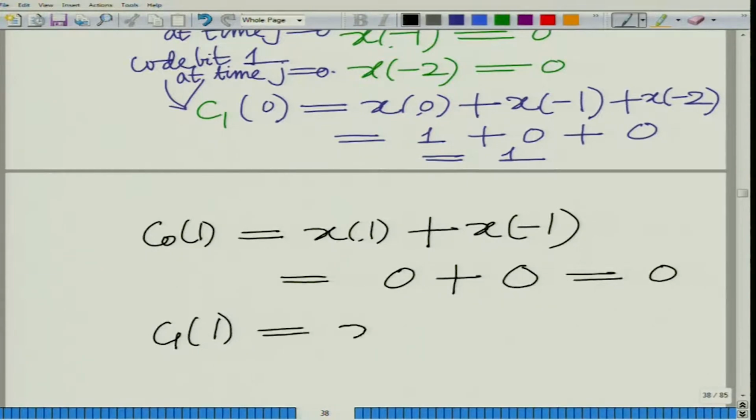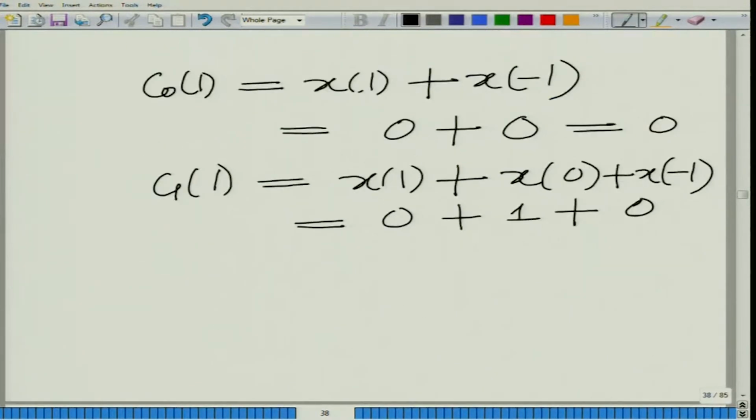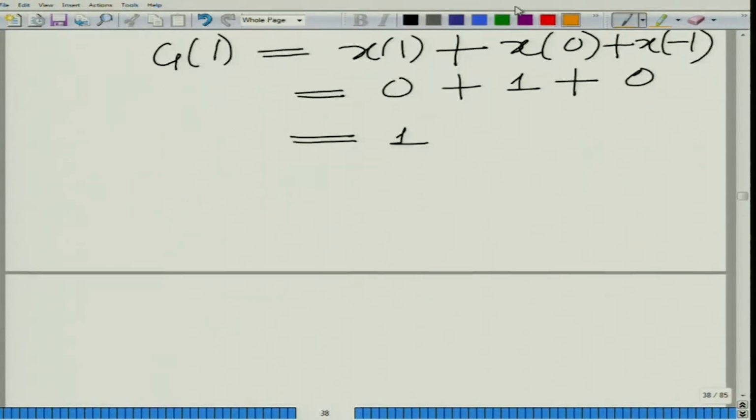C1 of 1 is x of 1 plus x of 0 plus x of minus 1, which is 0 plus 1 plus 0, equal to 1. You can go on generating the subsequent code bits at each time instant.